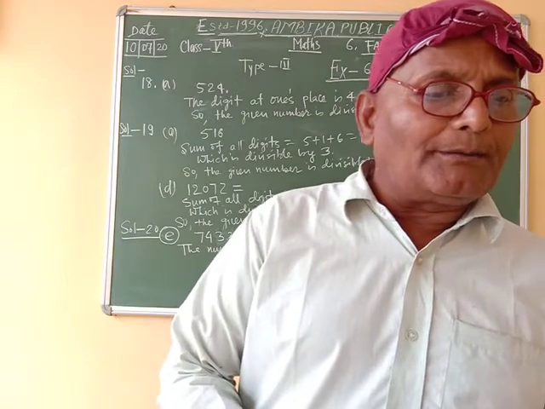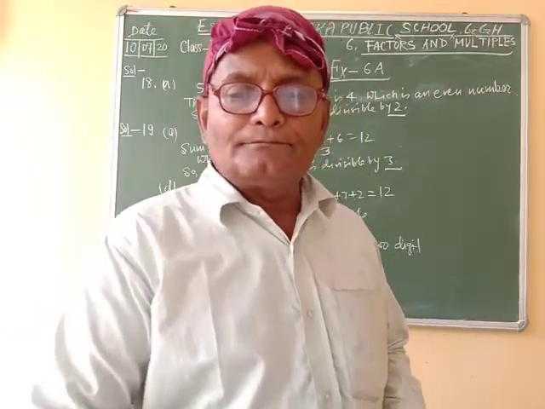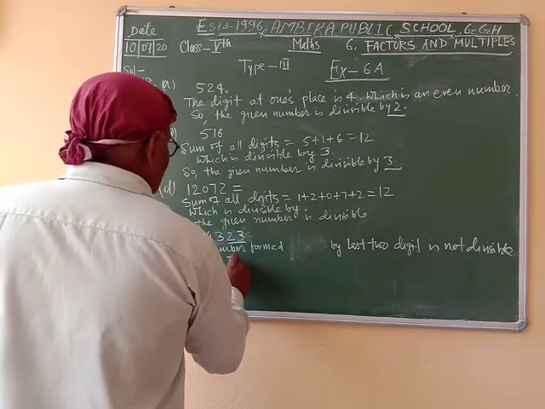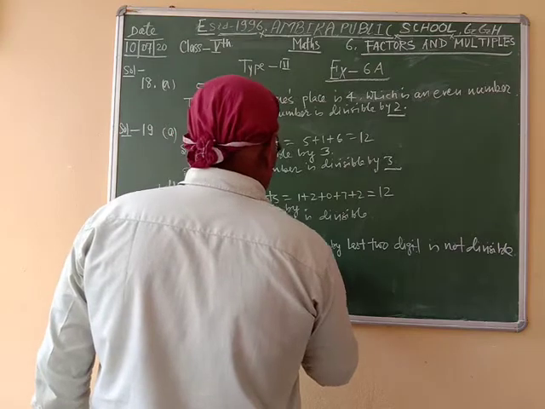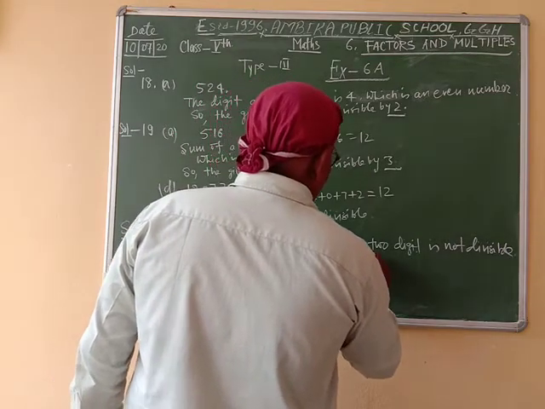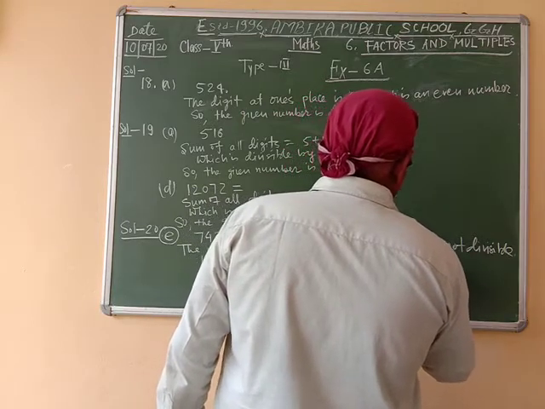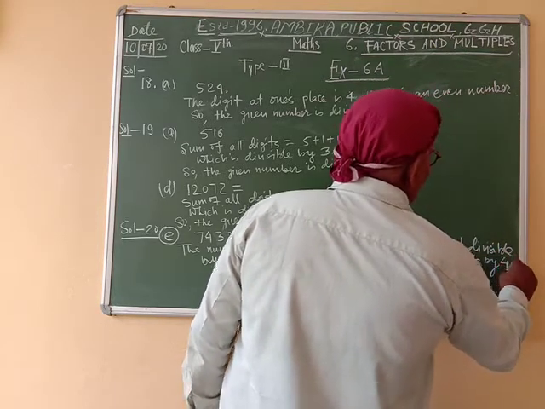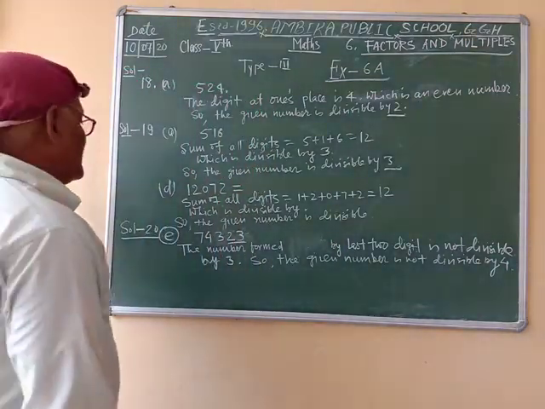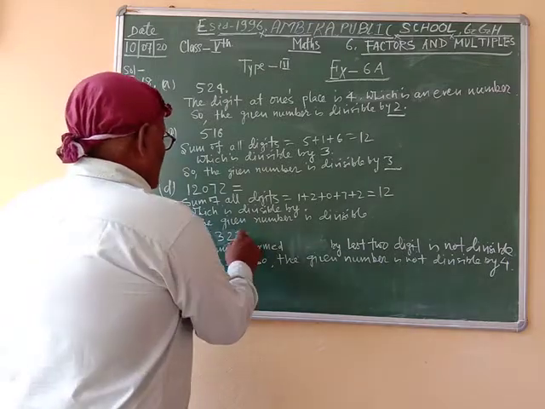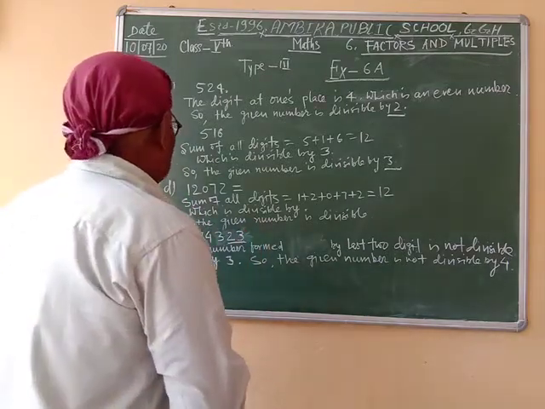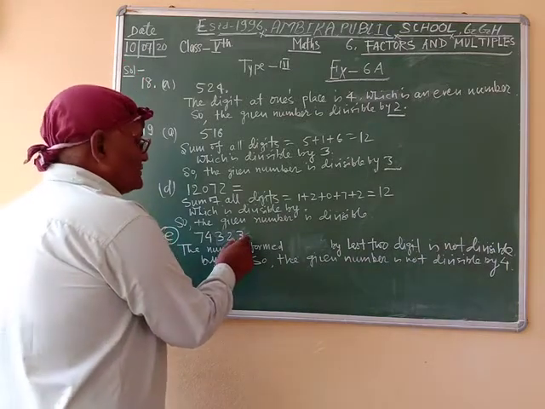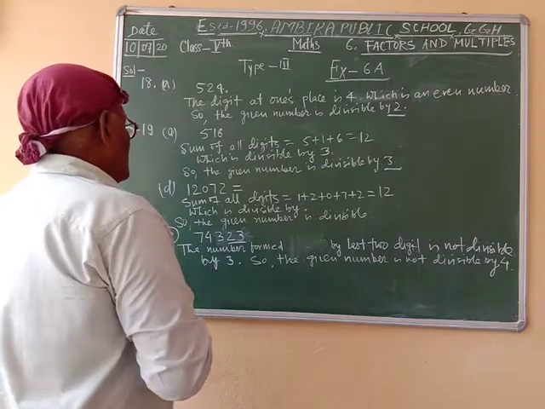Which of the following are divisible by 4? Here in 74323, according to the divisibility test by 4, if the number formed by the last two digits is divisible by 4, then the whole number will be divisible by 4.